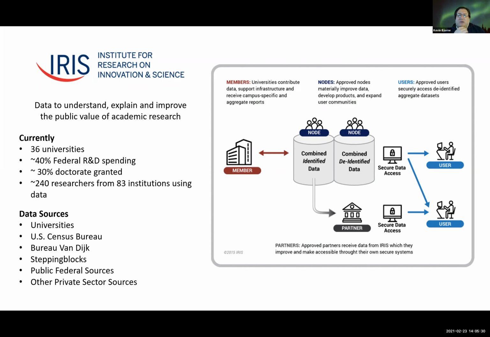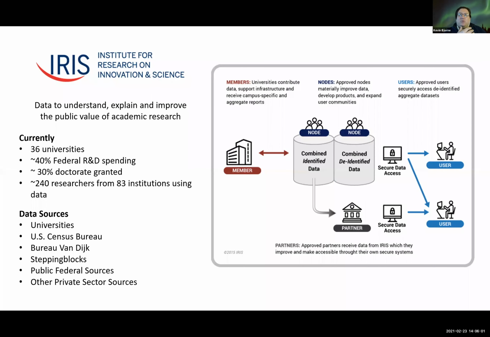We also pull in information from private sector companies such as Bureau van Dijk, which is a subsidiary of Moody's. They provide a wide range of business data for us to use. We also use data from Stepping Blocks. They provide outcomes data on individuals, so we can report on the impact of research-trained professionals that enter the private sector, leave their universities where they've been trained on research.